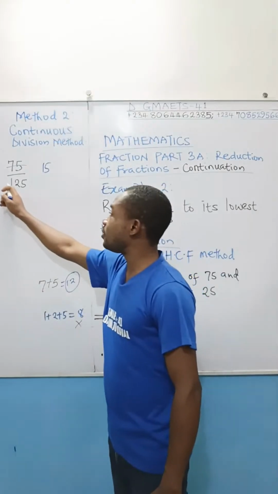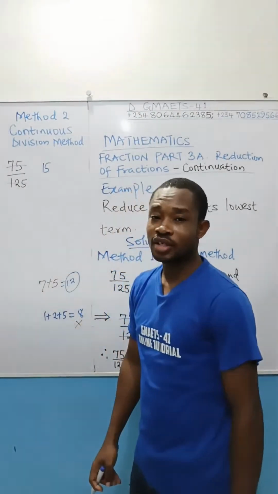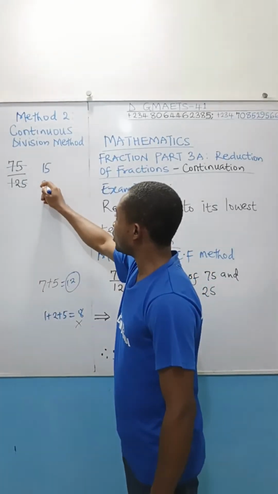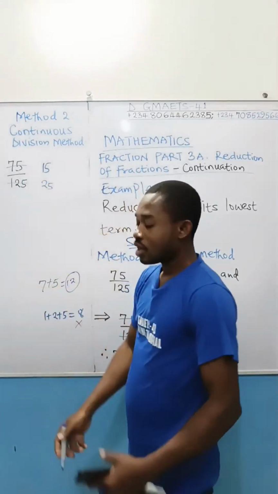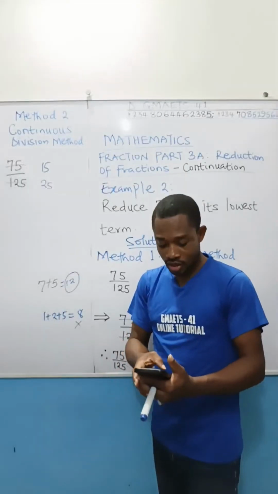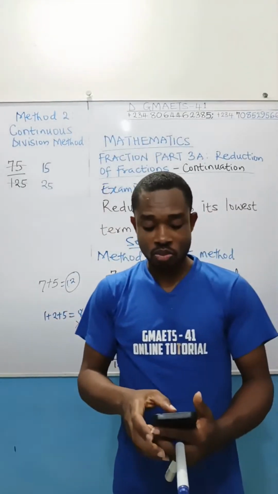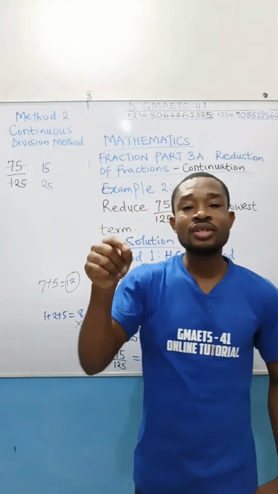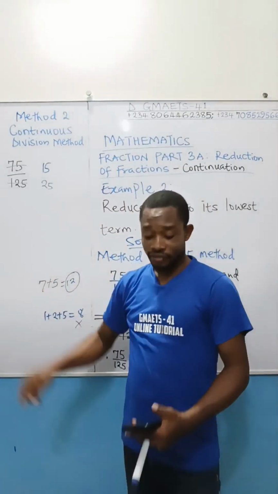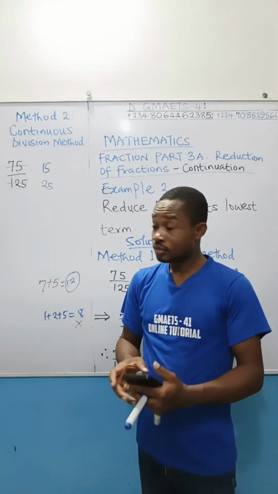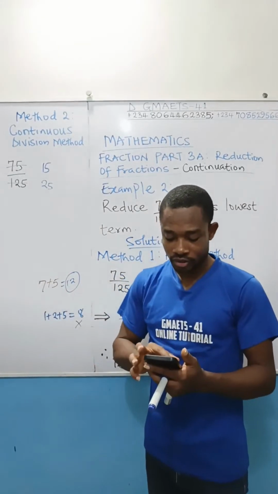Then if 5 divides 125, I am going to get 25. So do you see, I've used 5 to reduce as the smallest common number that can divide 75 and 125. Are you following, right?